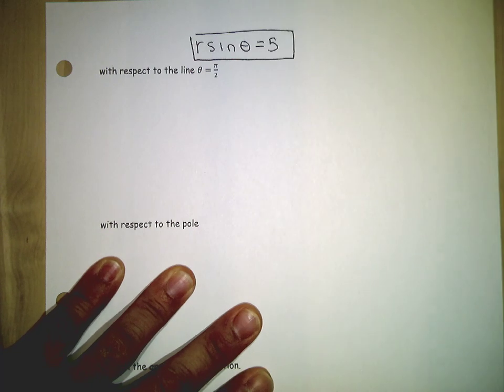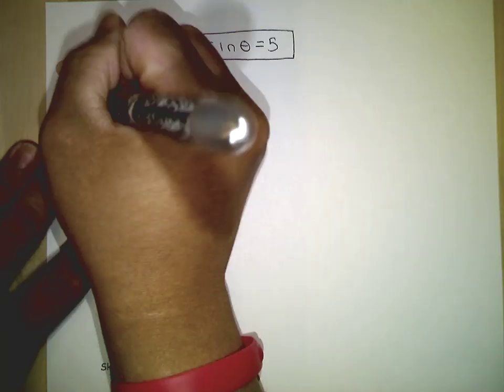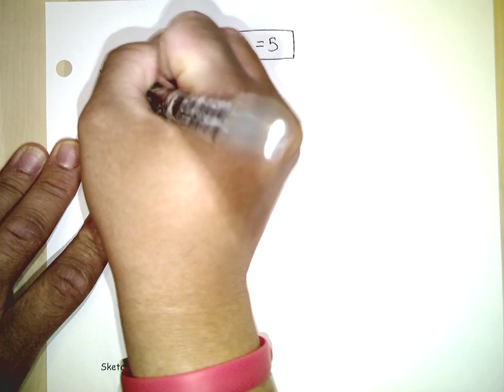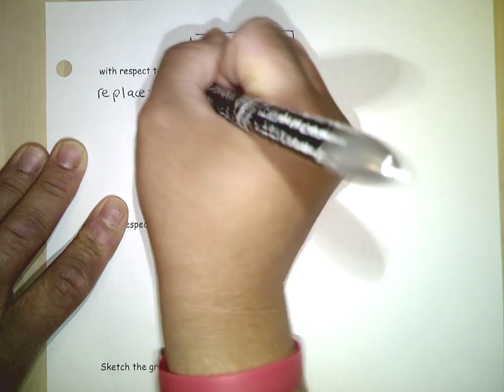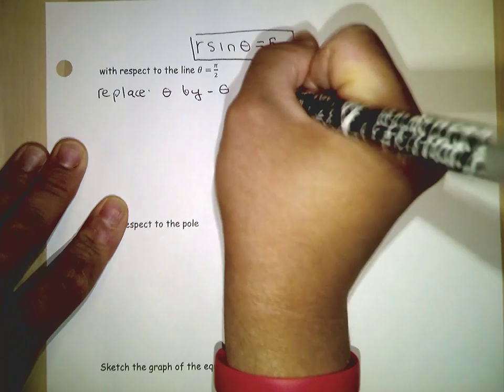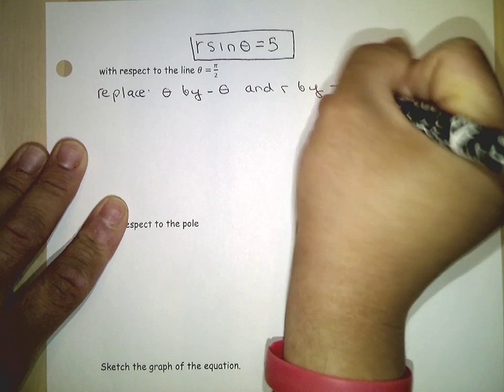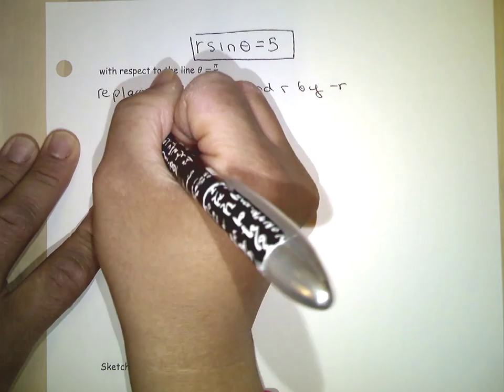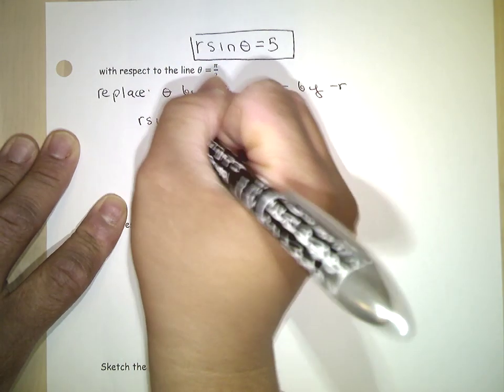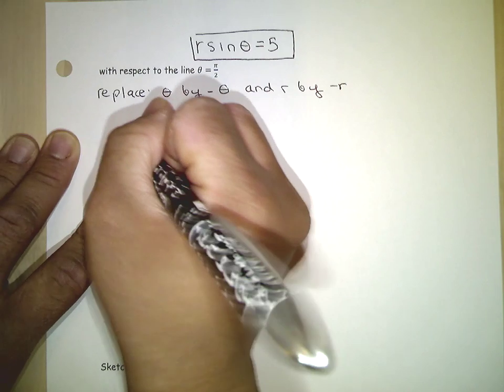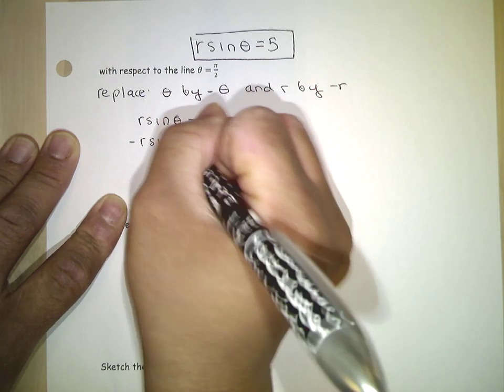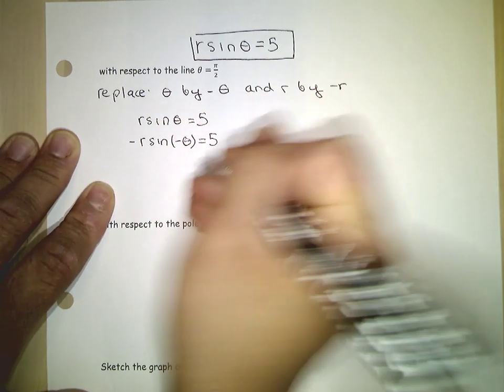Let's go with the second option here. It doesn't matter which one. So instead of r sin θ = 5, we have −r sin(−θ) = 5.